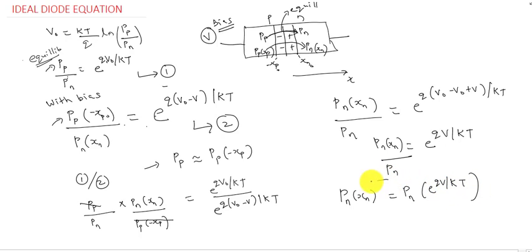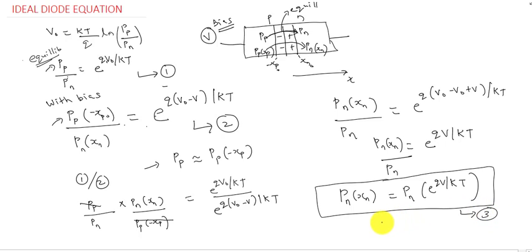So this is one equation, we can call it equation 3. If we look at equation 3, what is Pn of Xn? Pn of Xn means the hole concentration on the N side with the biasing.